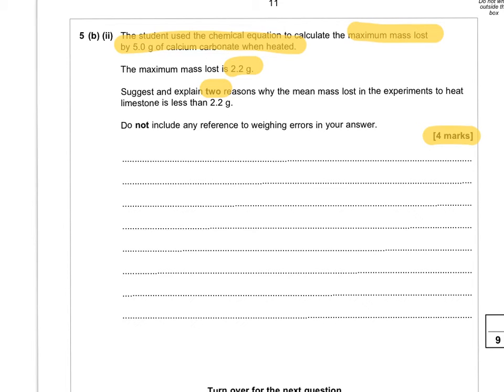Why the mean mass loss in the experiments to heat limestone is less than 2.2 grams. Do not include any reference to weighing errors in your answer. Right, now this is a tricky question. Okay, so we can't rely on this idea. Okay, so firstly we've got to think thermal decomposition. Okay, it's all about heating.